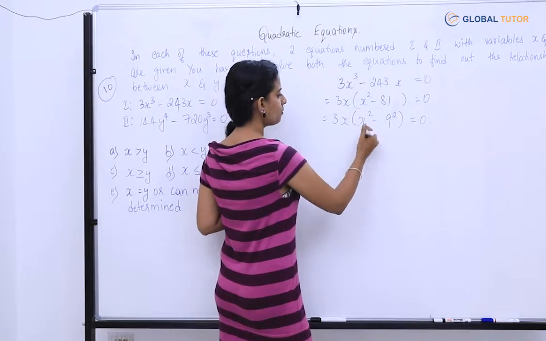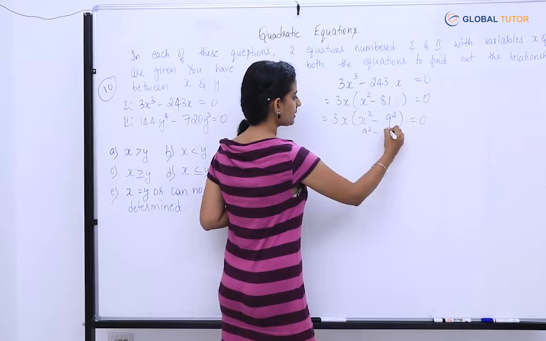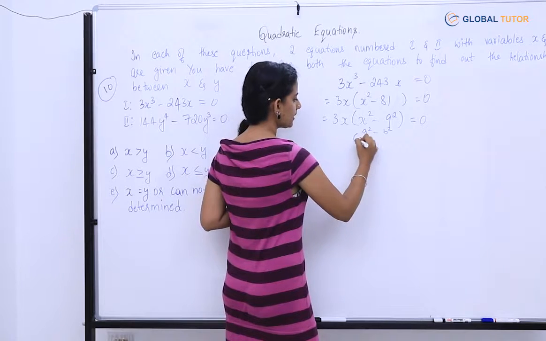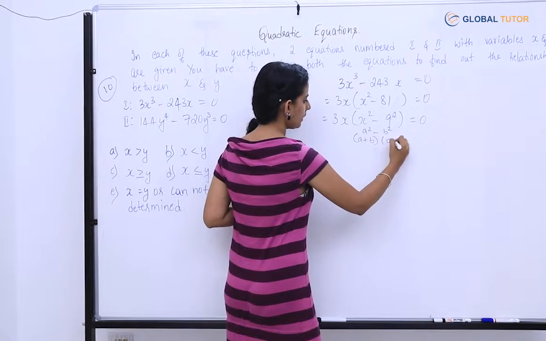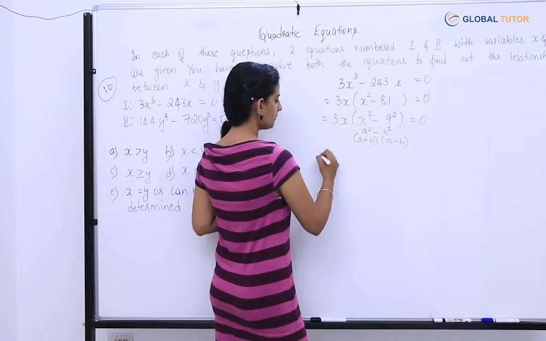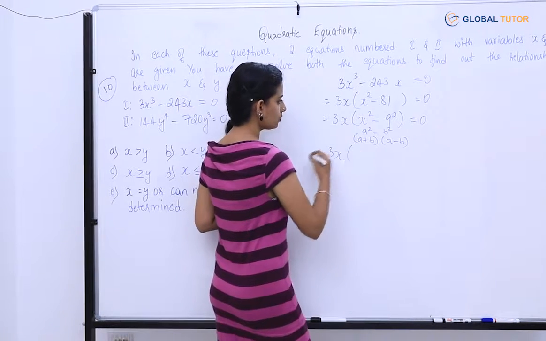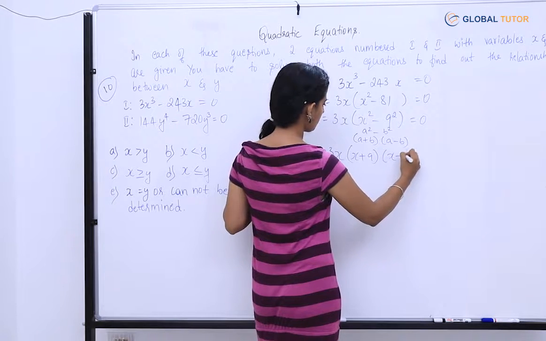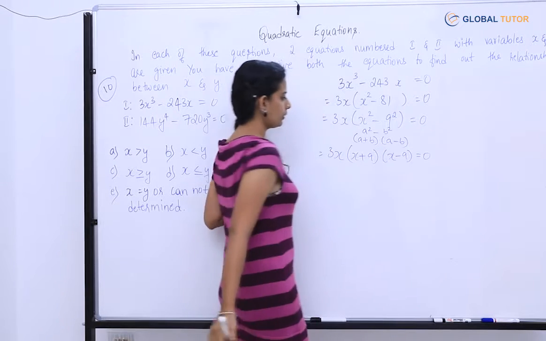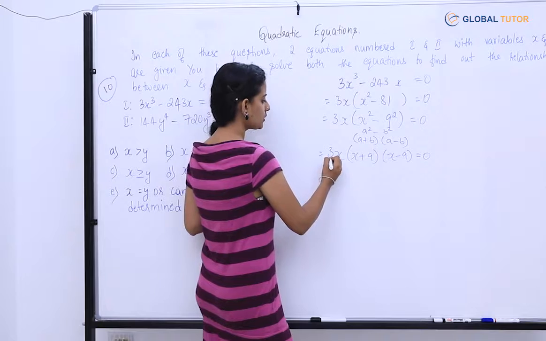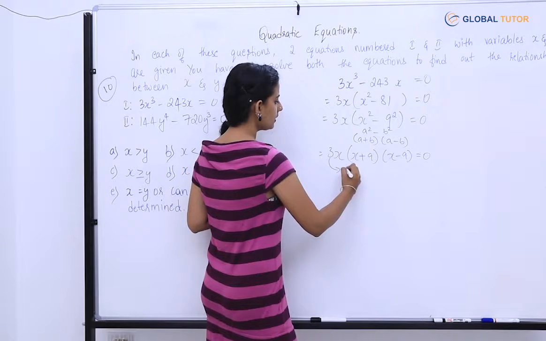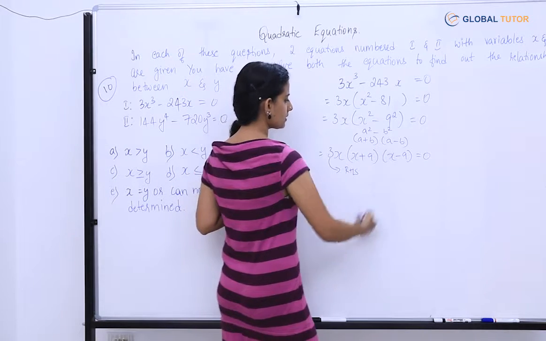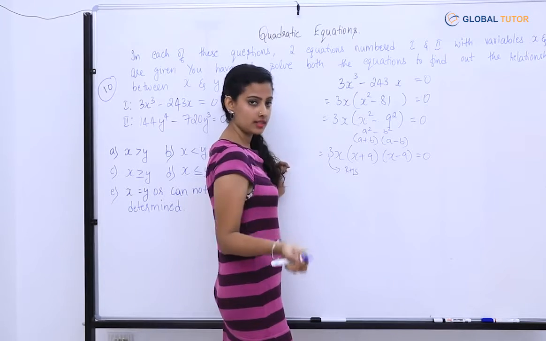Then this is in the form of a square minus b square, which can be written as a plus b into a minus b, right? So we will write 3x into x plus 9 into x minus 9, which is equal to 0. Now we will shift 3 towards the right hand side. So it becomes 0 by 3, which is 0 again.